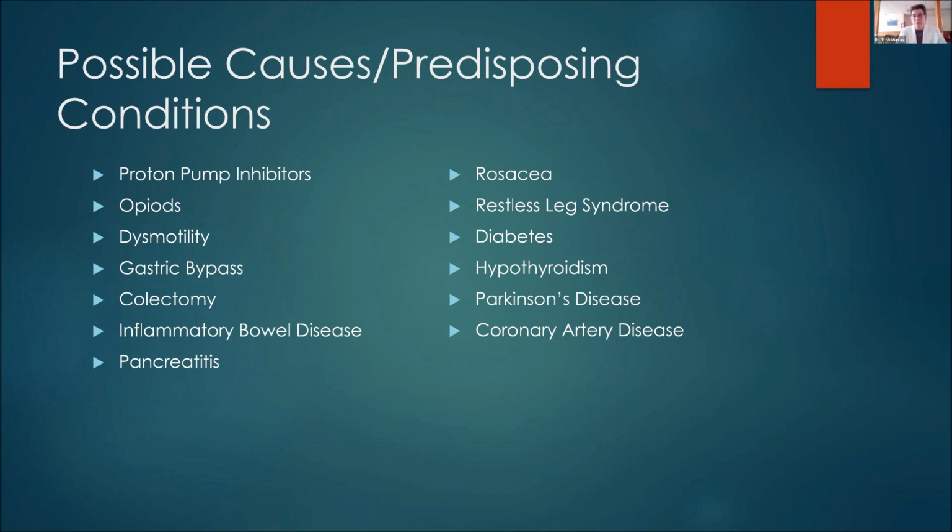Another prescription medicine that gets people into a problem are called proton pump inhibitors, the Nexiums, the purple pill, and the omeprazoles of the world. People with heartburn that are put on proton pump inhibitors for long, long periods of time, you're blocking your stomach acid.